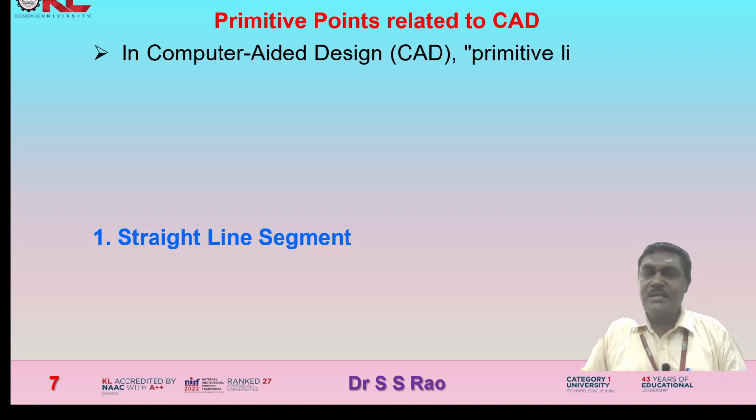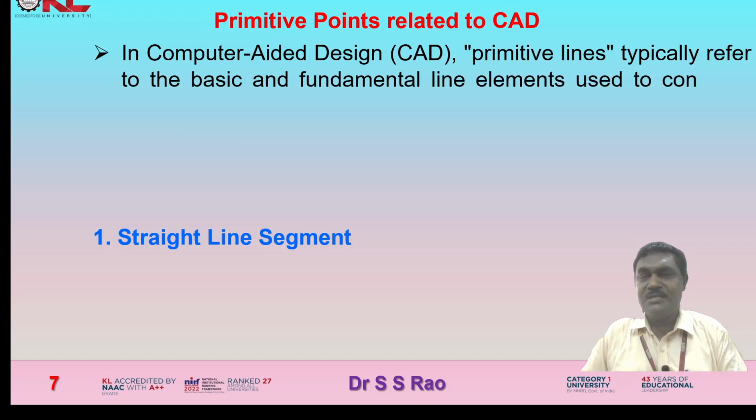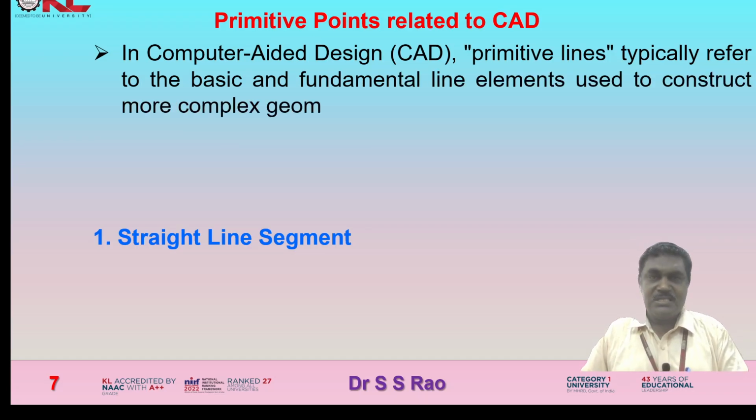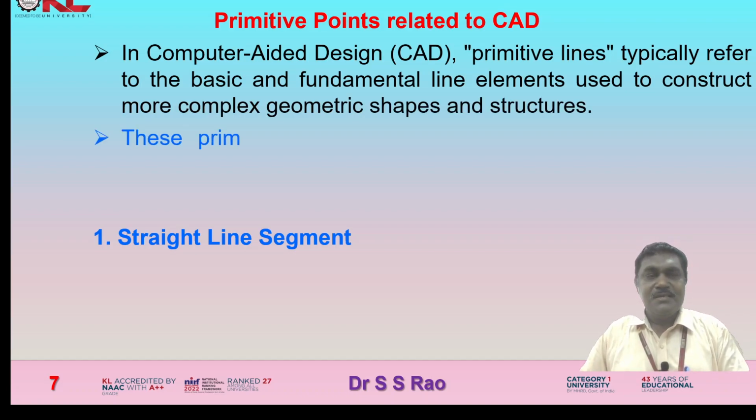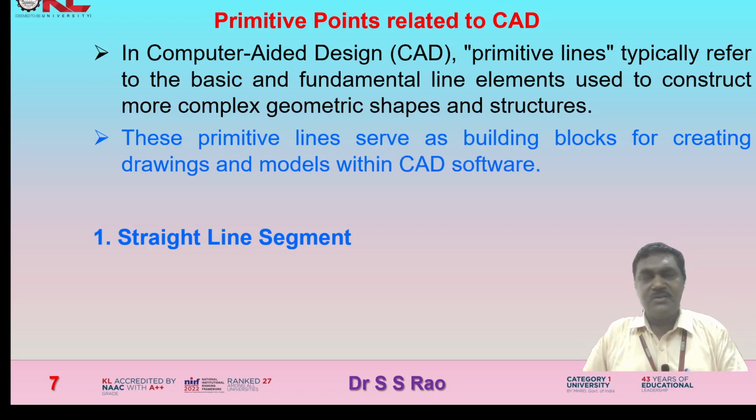In computer aided design, primitive lines typically refer to the basic and fundamental line elements used to construct more complex geometric shapes and structures. These primitive lines serve as building blocks for creating drawings or models within CAD software.